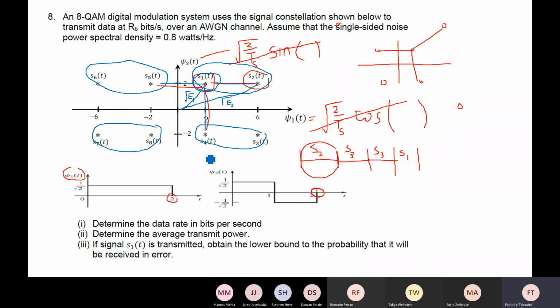The d is the same in this case as the d for S1 to S2, and the same with S5. So if we calculate the probability of mistaking S1 for S2, then multiply it by 3, the 3 taking into account that we could mistake it for S2, or for S4, or for S5.